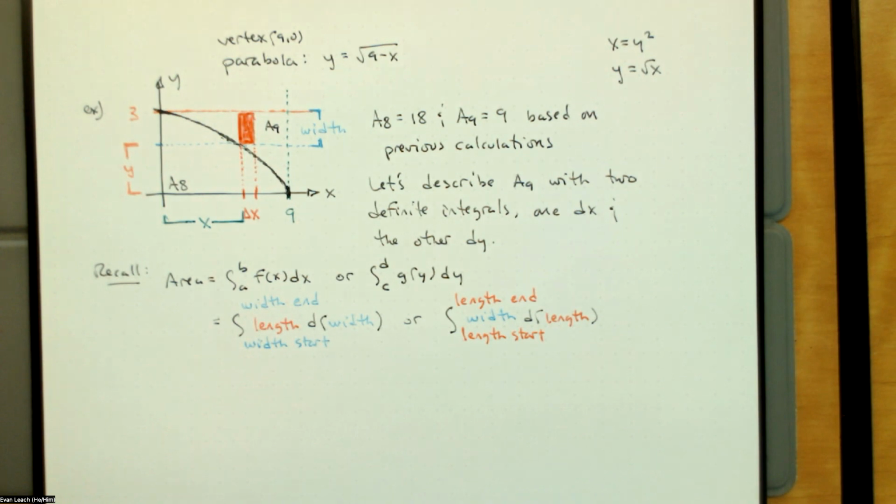So what I need to do is write the width in terms of the x variable. I need to write the width in terms of x.